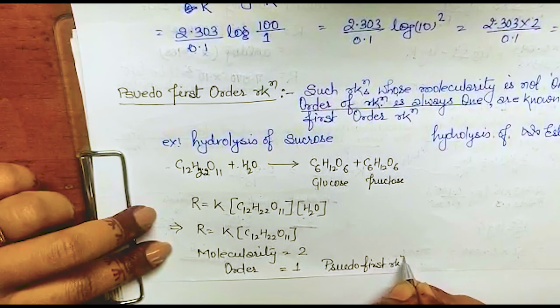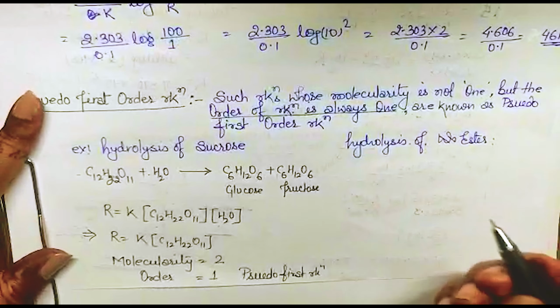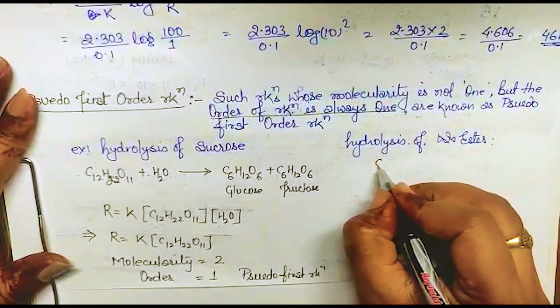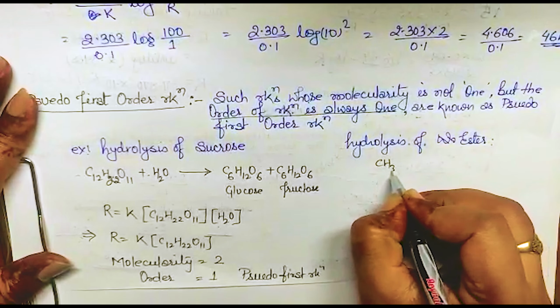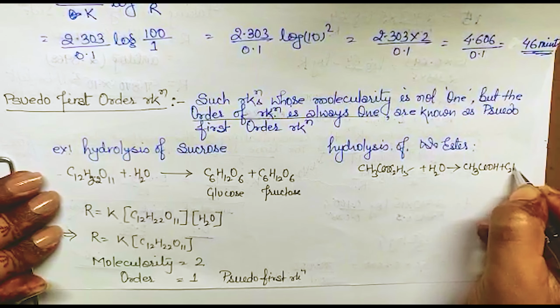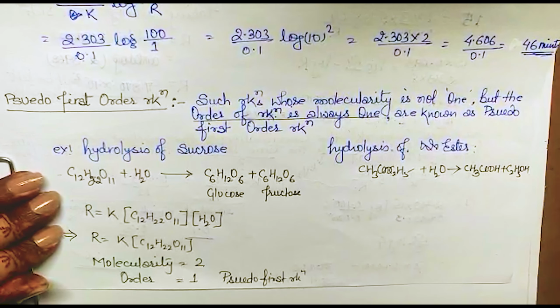Clear? Here also, hydrolysis of ester. Let's do this example. Ester, that means CH3COOC2H5, plus water. When we hydrolyze it, we know, it is a class 10th equation, that it will give you acid and the alcohol back. Got it?